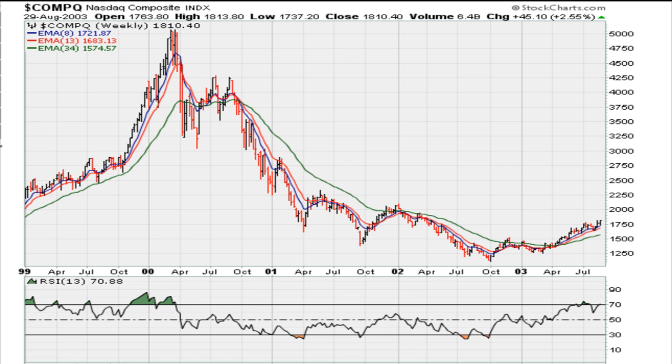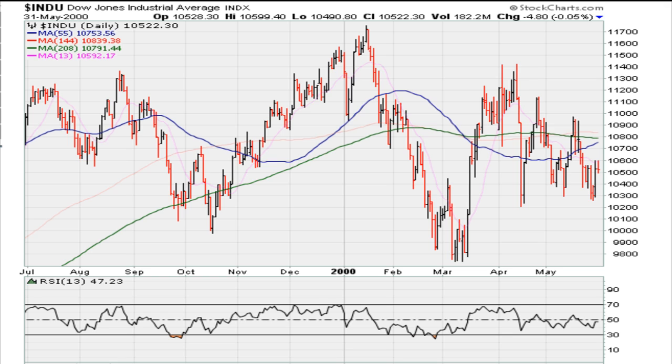So let's go to the charts, and we're going to begin with the Dow in 2000. This is a chart between July of 99 and May of 2000, and you can see that yes, we had a higher high on the Dow coming into the early part of 2000, and we had a lower low on the technicals, and this was a major high for the Dow in that time period.